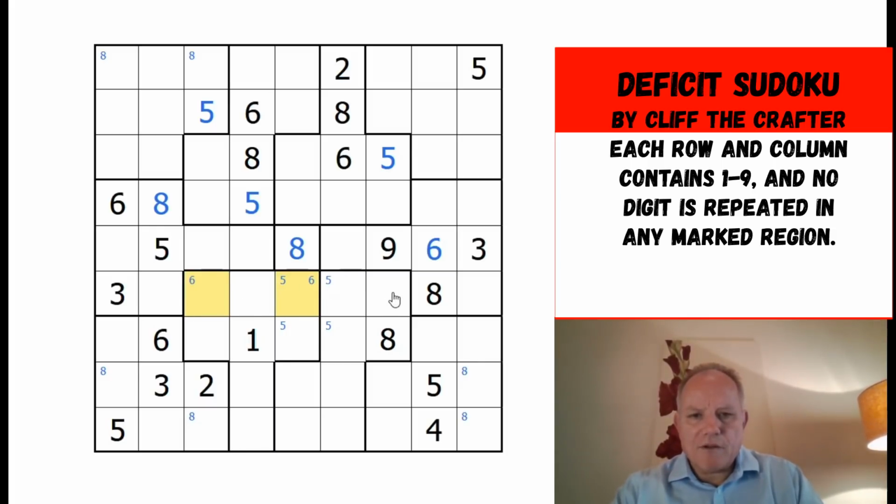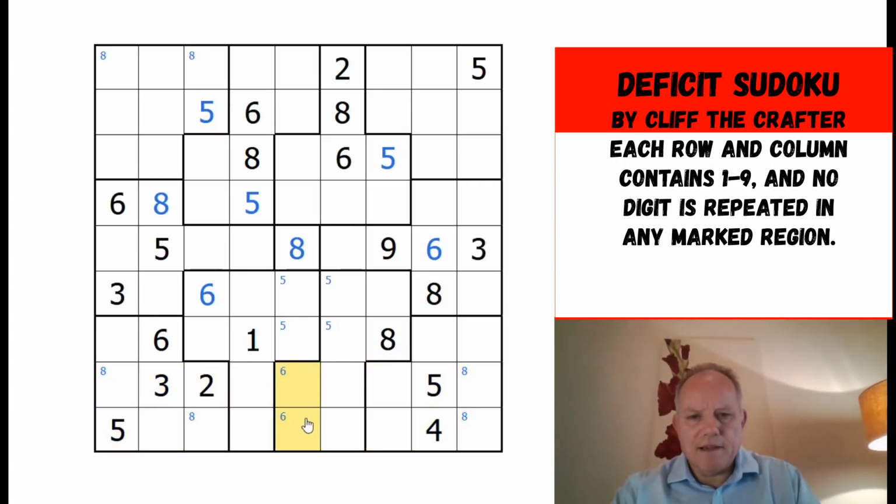Now that's ruling out this cell, and these are all ruled out here. But this shape also has a 6 in because it's not the top shapes. So we'll put a 6 in there. Take 6 out of there, and that makes this region 6 here. Where's the second 6 in these bottom two rows?